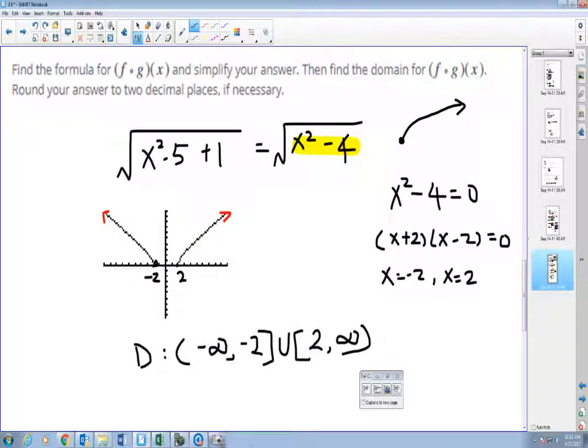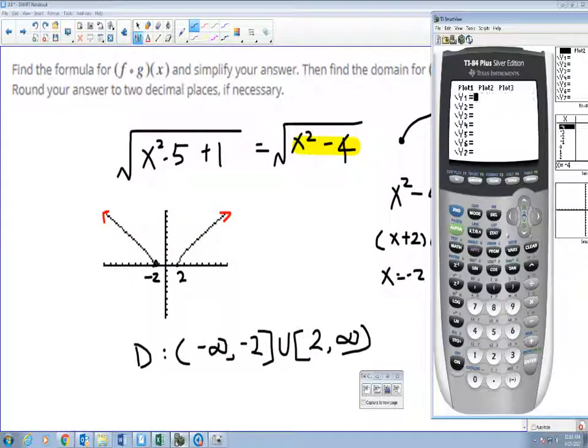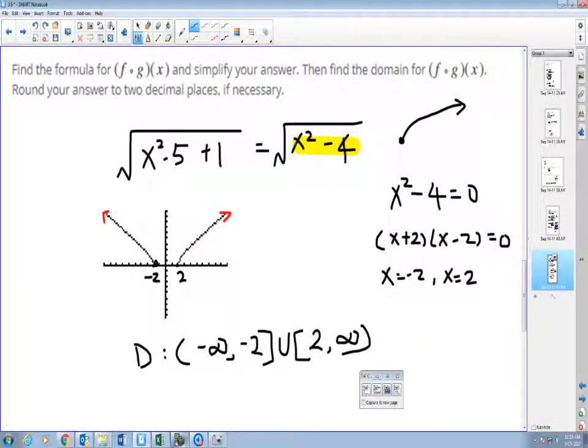The first thing I wrote out, square root of x to the second power minus 5 plus 1. Close it. It's the same picture. Why? Because all these were inside the square root function. So when I set what was inside the square root equal to 0, my start and stopping point is correct.